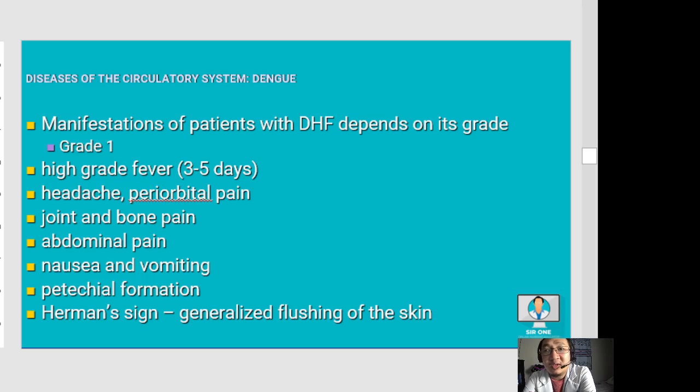Okay, for grade 1 manifestations, the patient may have high grade fever, 3 to 5 days. It's usually intermittent, and the patient may feel headaches, periorbital pain, joint and bone pain, abdominal pain, nausea and vomiting, petechial formation or the petechiae rash, and Hermann's sign, which is accompanied by generalized flushing of the skin.